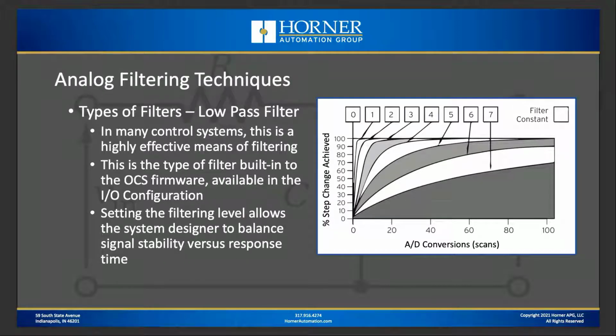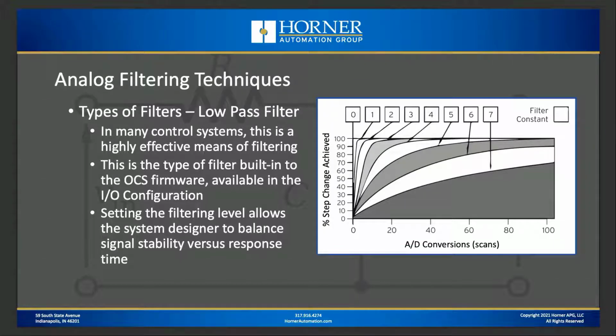In the case of the OCS, in the hardware configuration, you have the ability to set up an optional digital filter that will perform that level of attenuation. The adjustment you can make is setting a filter constant, and that filter constant can be set anywhere from 1 to 7.